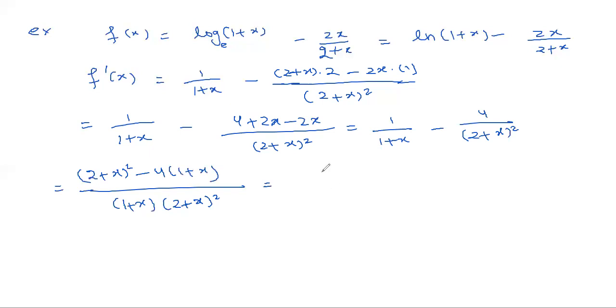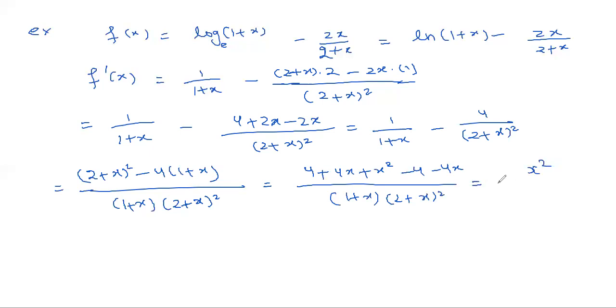So it is going to give me 4 plus 4x plus x squared minus 4 minus 4x over (1 plus x) times (2 plus x) squared. The numerator becomes x squared over (1 plus x)(2 plus x) squared. It can be rewritten as 1 over (1 plus x) times x squared over (2 plus x) whole squared.